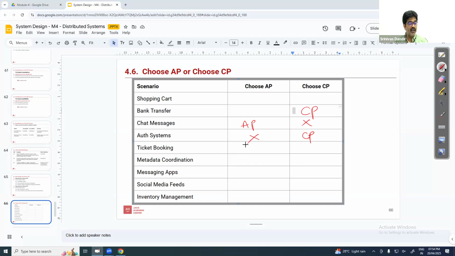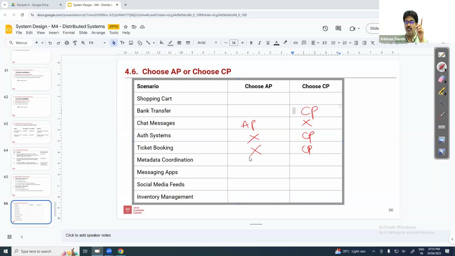Ticket booking. Ticket booking must be a consistent system. You cannot go for overbooking. One ticket is pending for the flight, and both Saurav and Abhishek are trying to book.